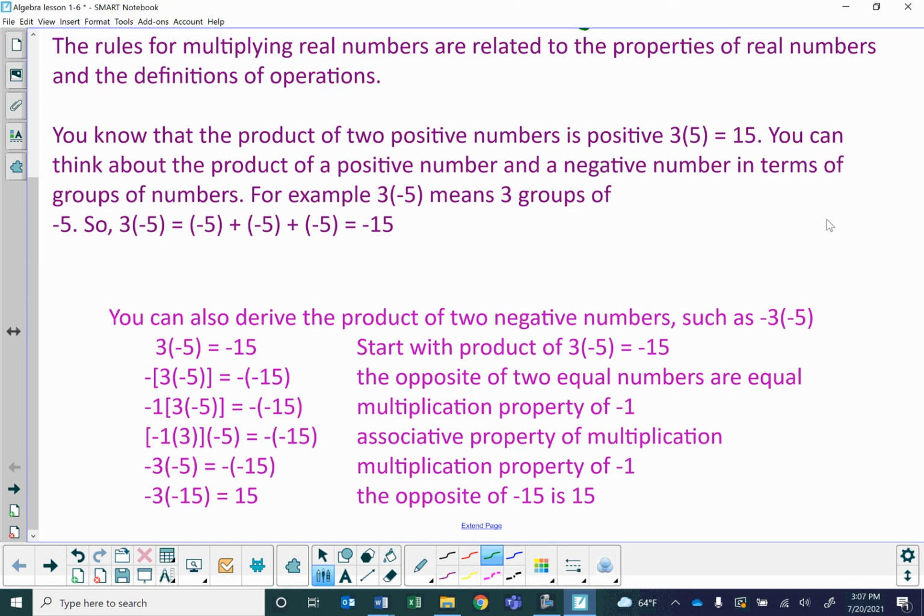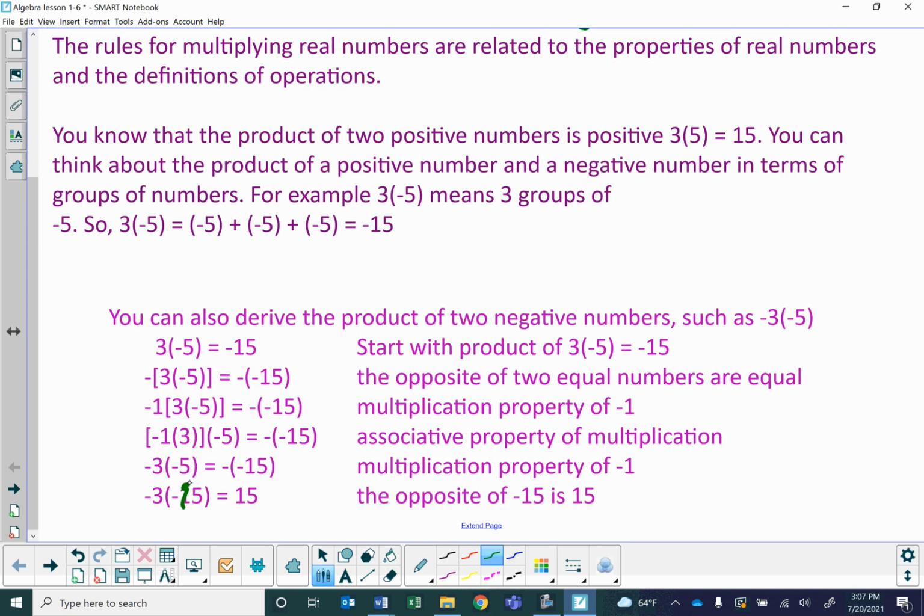We replace the opposite with negative 1, and that's the multiplication property of negative 1. So negative 1 times 3 times negative 5 is the opposite of negative 15, which uses the associative property of multiplication. So negative 3 times negative 5 equals the opposite of negative 15, which is another way of saying positive 15. The opposite of negative 15 is 15.